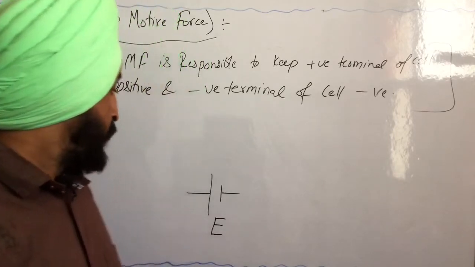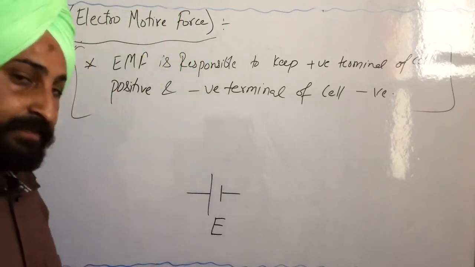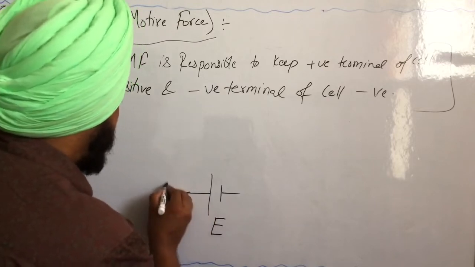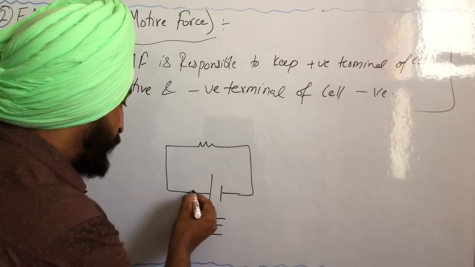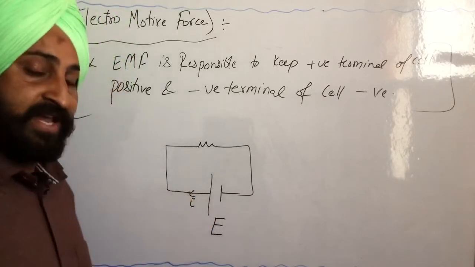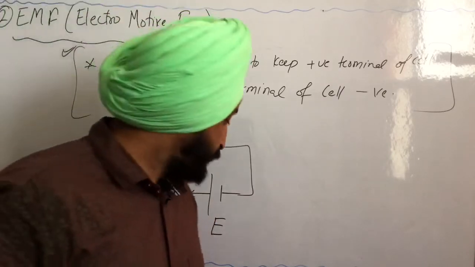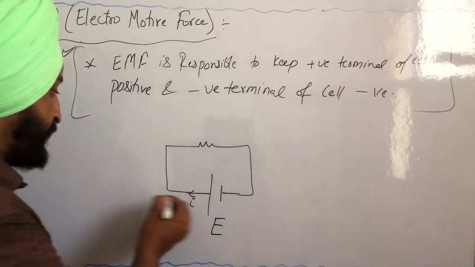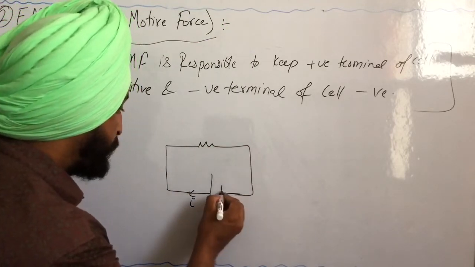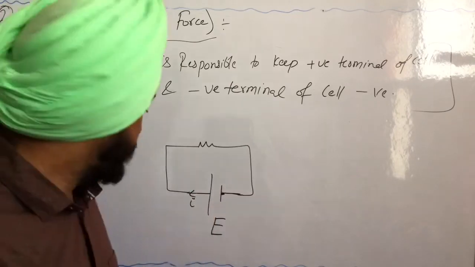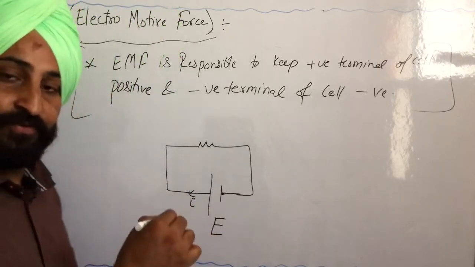Fine. Now when you connect this cell across a resistor, what happens? The flow of current starts. The current will flow through this resistor and again come to the negative terminal. We say flow of current is flow of positive charge.